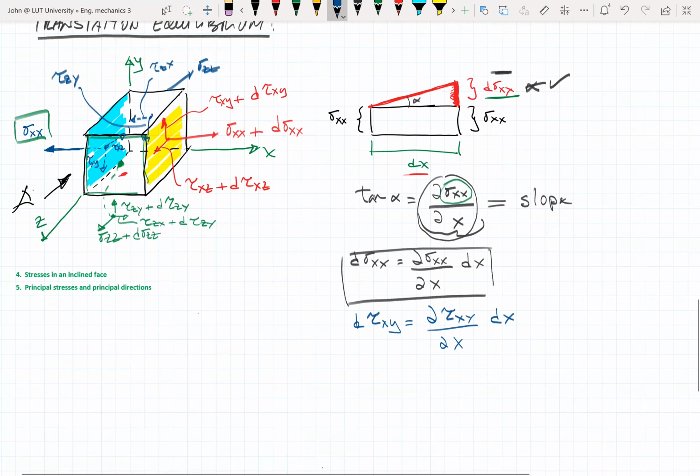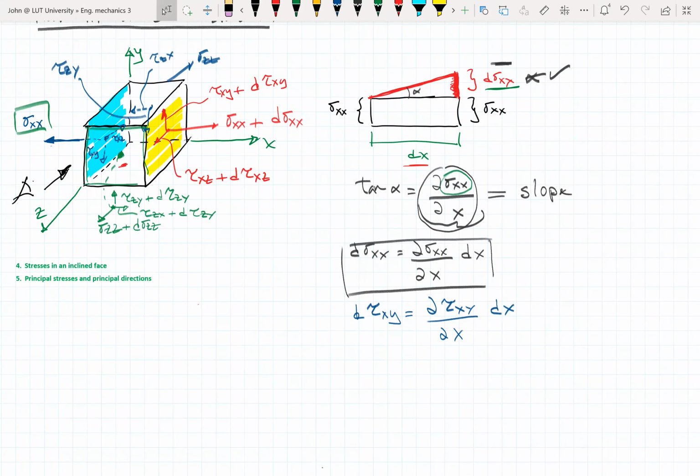And so on. Let's make also the differential of tau xz equal to the partial of tau xz divided by the partial of x, times dx, the differential of x here.